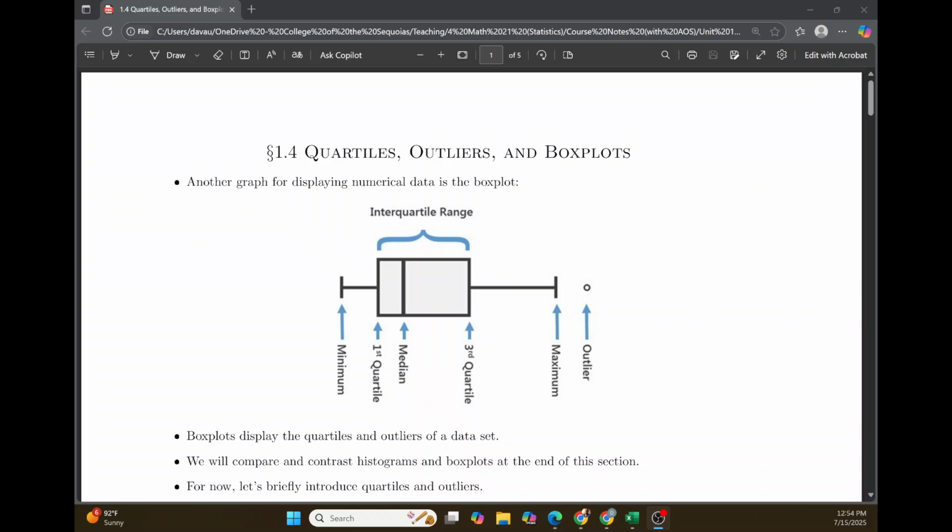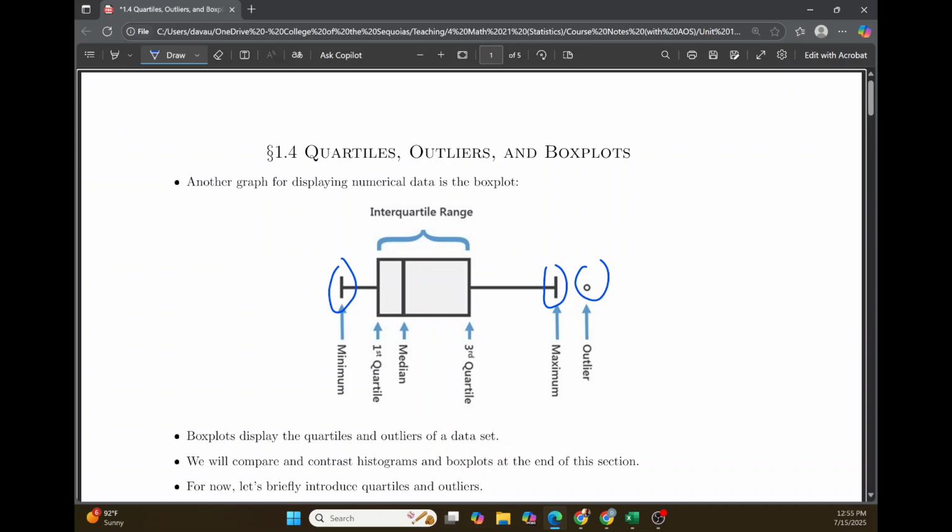We have talked previously about histograms, which are one graph for displaying numerical data. Boxplots are another way to display numerical data, and this is what a boxplot looks like. A boxplot is going to show the minimum value in the data set, the maximum value, any outliers in the data set, as well as quartiles.